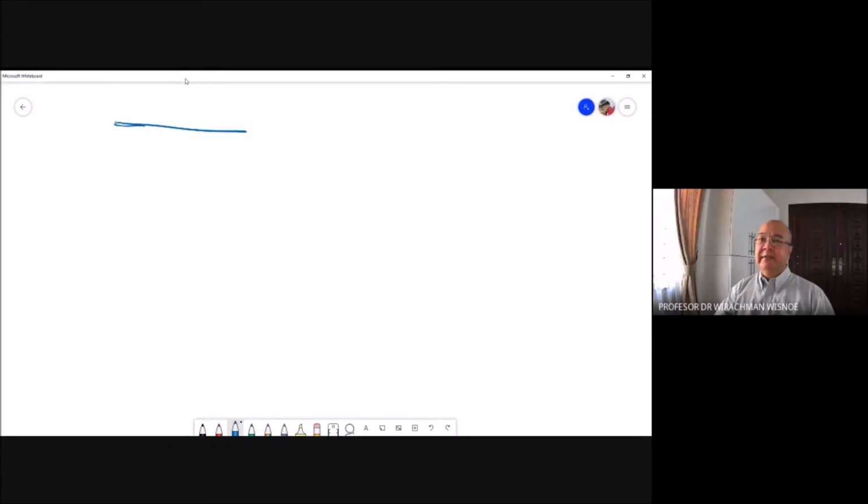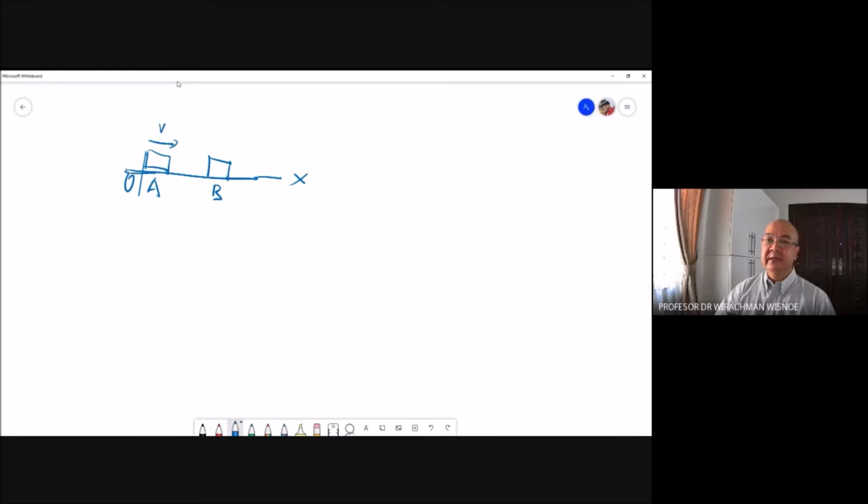So let's say that we have this line. So we have car A, this is point O. We have car B, this is B. And this one has a velocity of VA, with VA initially 15.